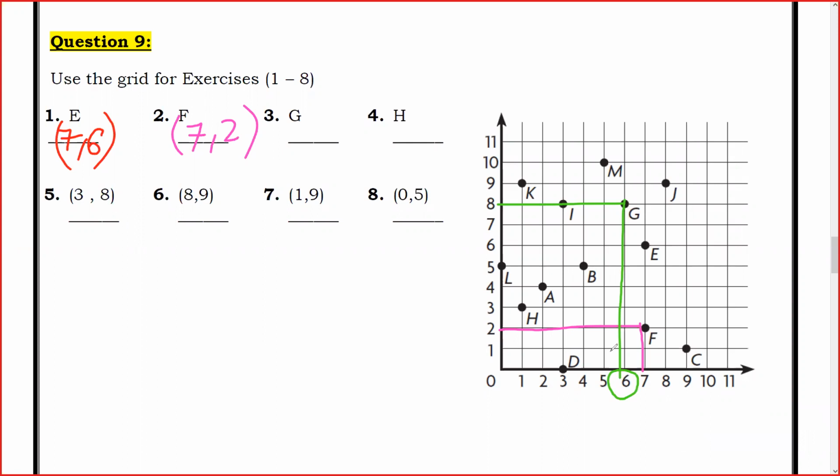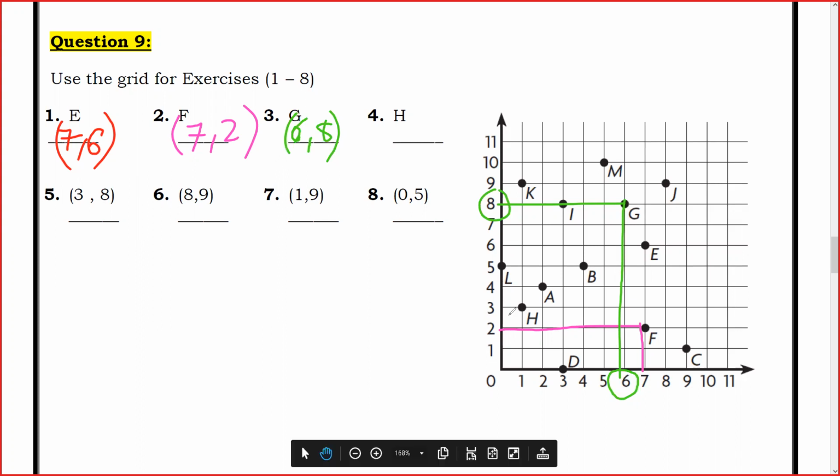On the X-axis, it's 6. And on the Y-axis, it's 8. So its coordinate is 6, 8. Okay. Now, Malak. Yes, Malak. H. 1, 3. Good job.